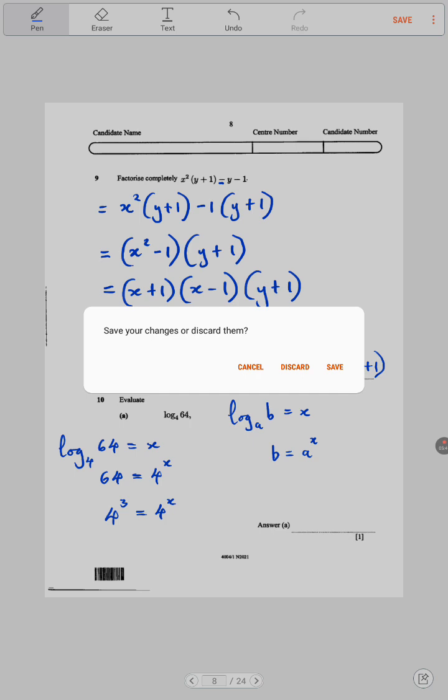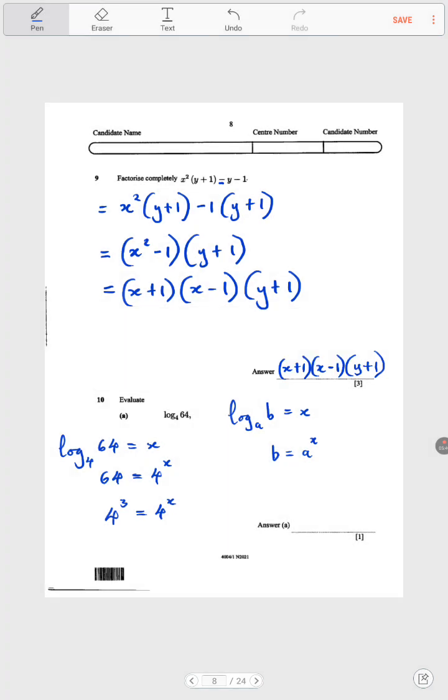And if you compare the powers here, since the bases are the same, it would mean x is equal to 3.